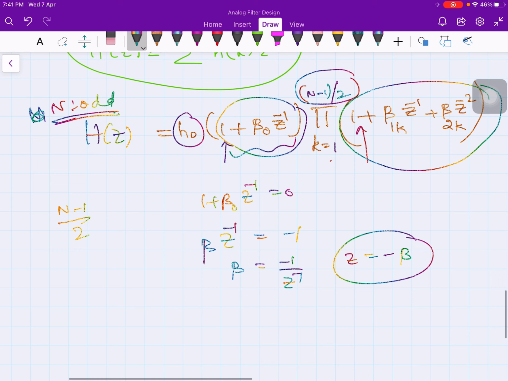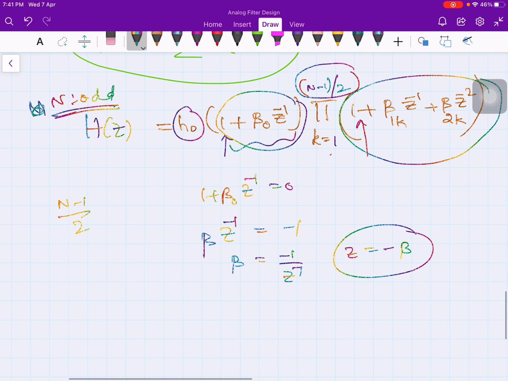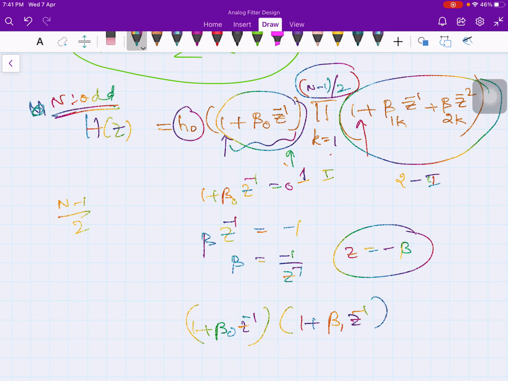Now you can ask a question. Instead of writing one first order factor and 2 second order factors, why can't I write this as a product of only first order factors? 1 plus beta 0 z inverse, 1 plus beta 1 z inverse, 1 plus beta 2 z inverse, like this.